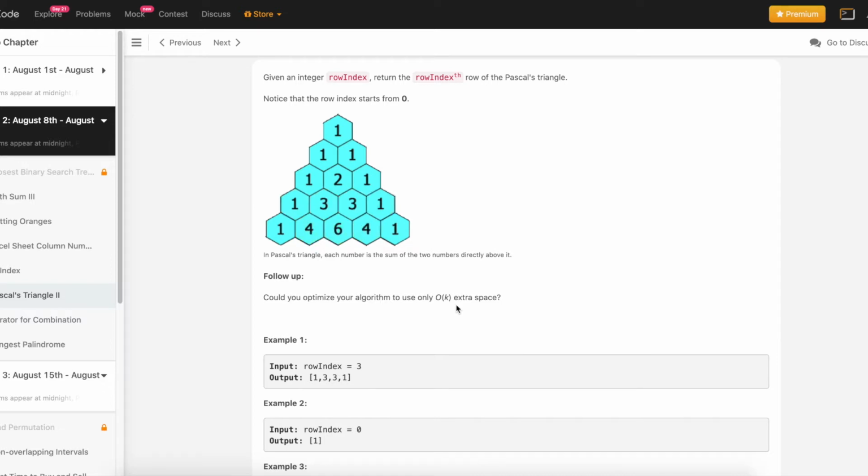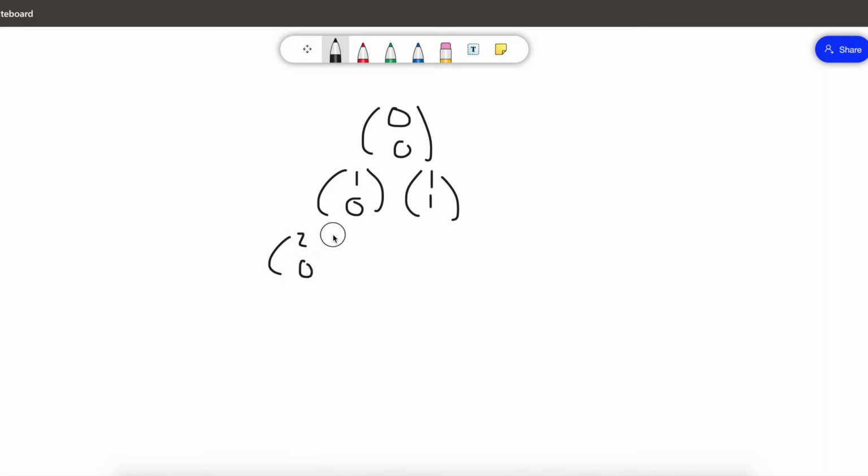One important thing to know about Pascal's triangle is that it follows this pattern. 0 choose 0 is the 0th row, 1 choose 0 and 1 choose 1 is the first row. If you're good at math, or have done any math competitions, you probably already know this.